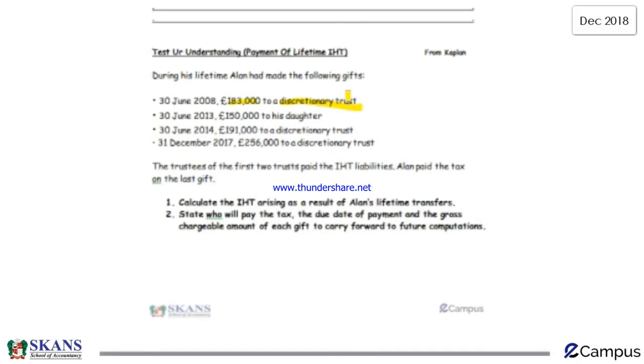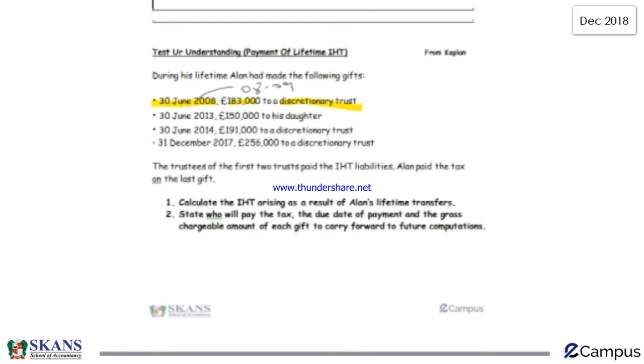First of all, candidates should consider what would be the chargeable amount for this transfer, and for that, you should consider whether there was any lifetime transfer in the same tax year in which we are making this transfer, that is tax year 2008-9. As we can see, there is no lifetime transfer in tax year 7-8.